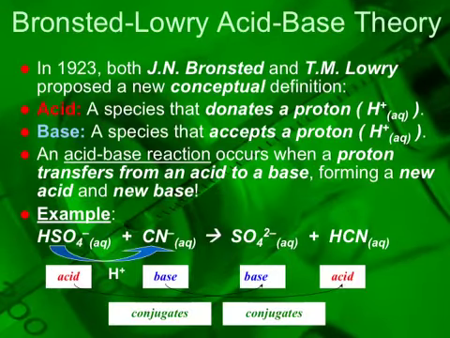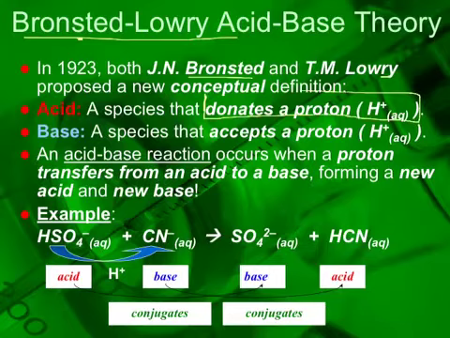We can further expand acid-base theory into what's called the Bronsted-Lowry definition. This was produced in 1923 independently by Bronsted and Lowry. It says that an acid is a species that donates a proton, or H+, whereas a base is a species that accepts a proton. And that an acid-base reaction occurs when a proton is transferred from the acid to a base.